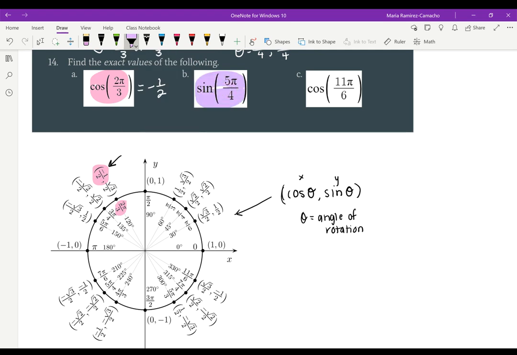Next, for sine 5 pi over 4, here's 5 pi over 4. The sine is that y-coordinate. In this case, it is negative root 2 over 2.